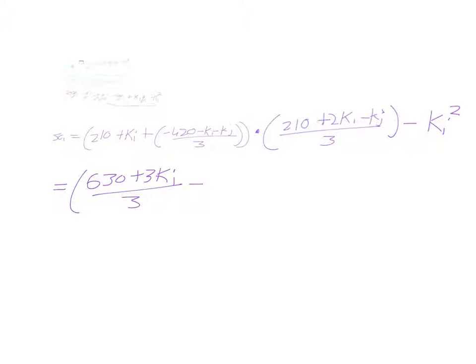Okay, and then, you know what? I'm skipping a step, but all I'm doing is multiplying this bit up by 3, and then taking the difference between the two fractions.